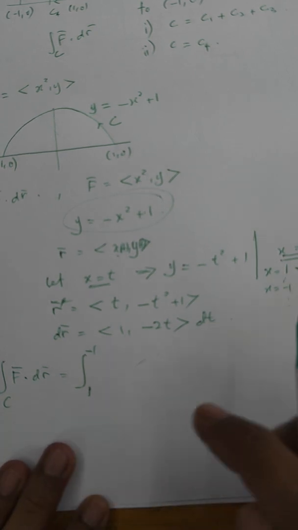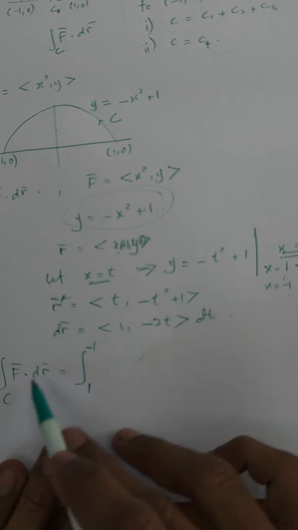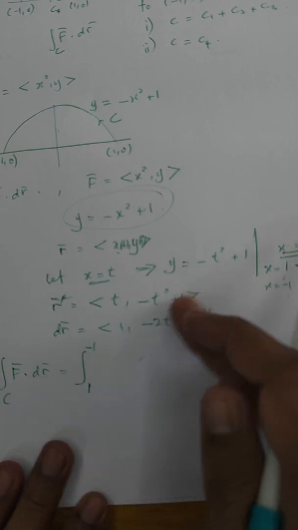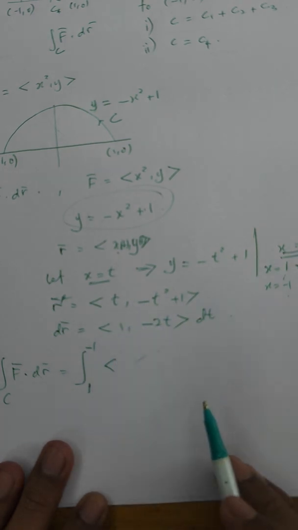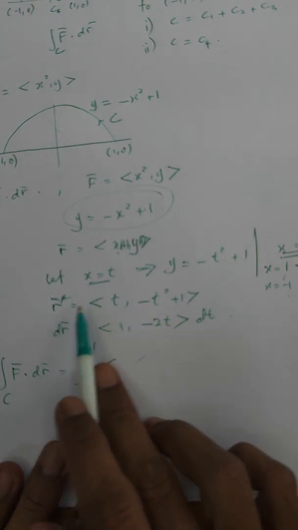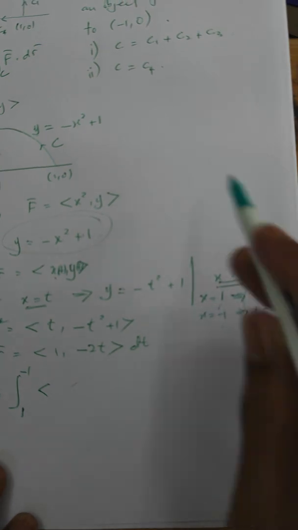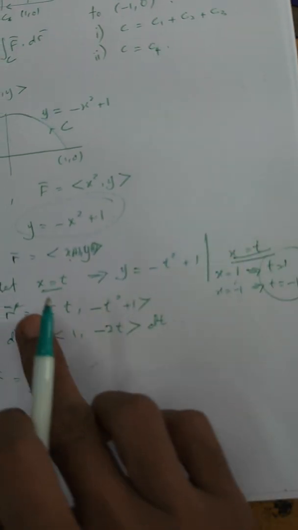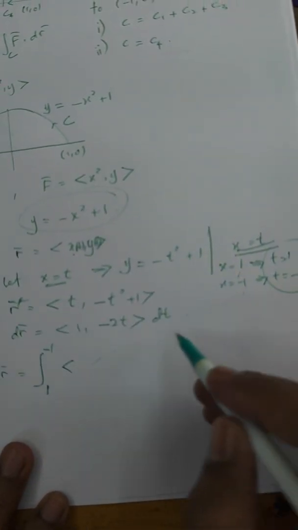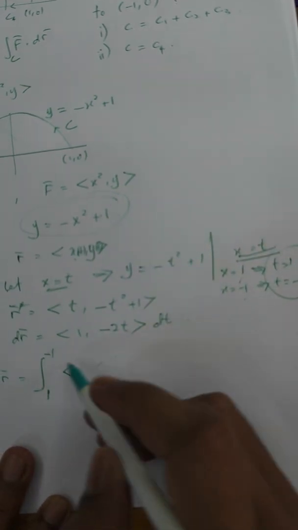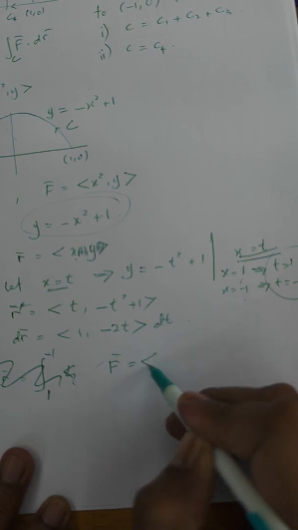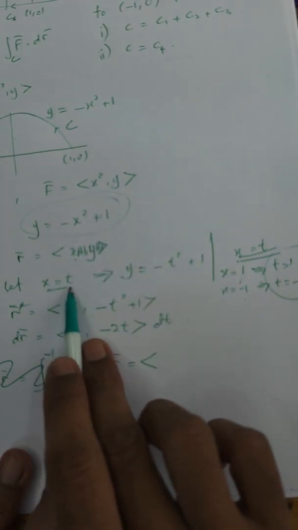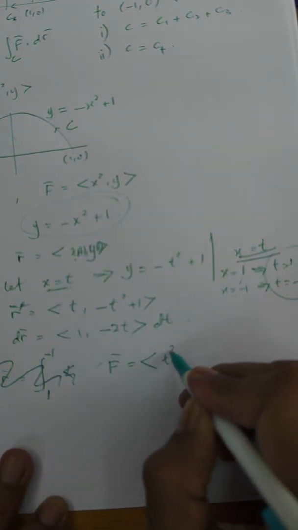Now, having done this, just substitute F and dr there. Where is our F? I didn't put F here, so let me write it here. Our F has x and y, so our F is x squared, y. Our x is t, so now we have t squared.